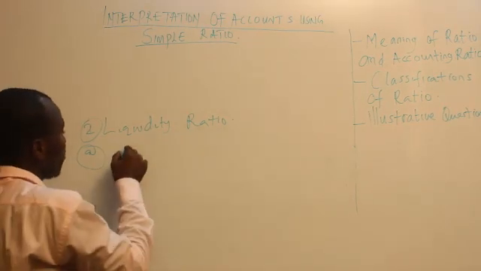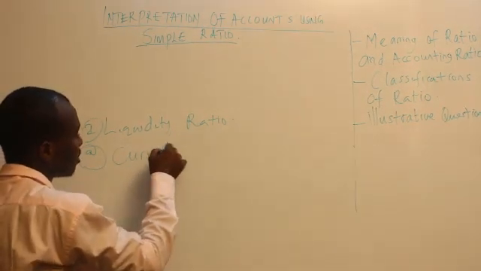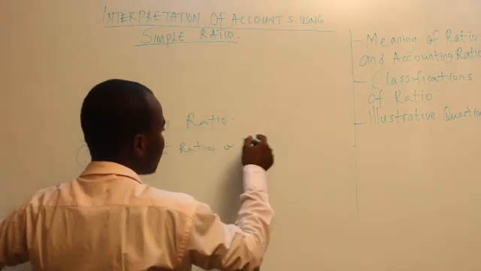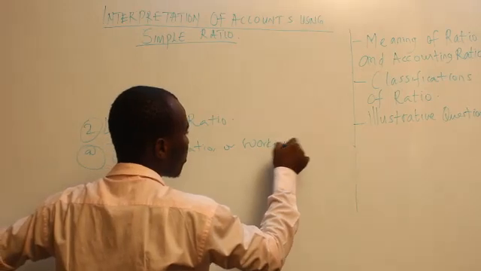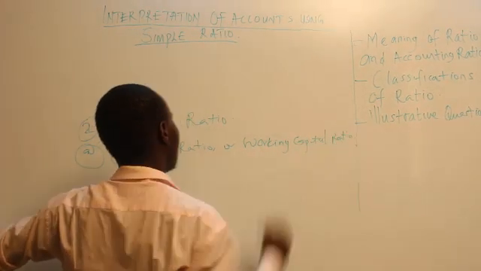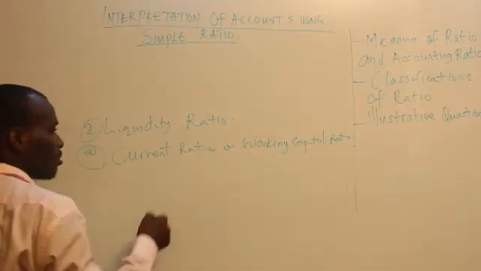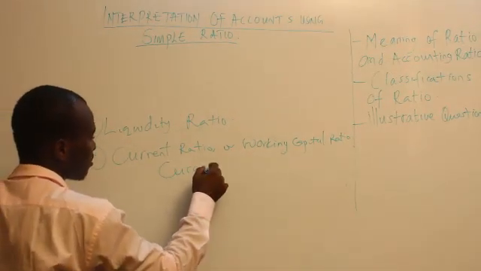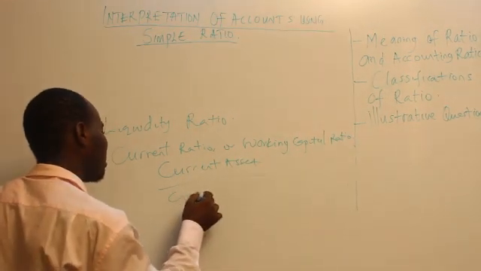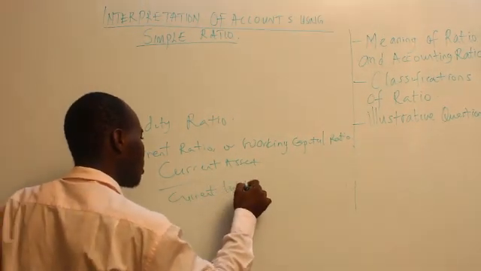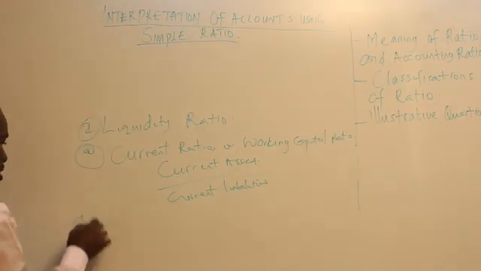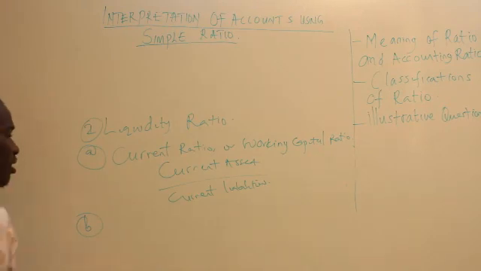We have A, the current ratio or the working capital ratio, and that will give us the current assets over the current liabilities within the period.